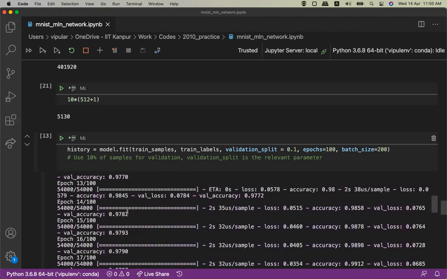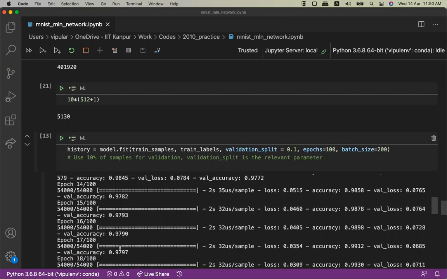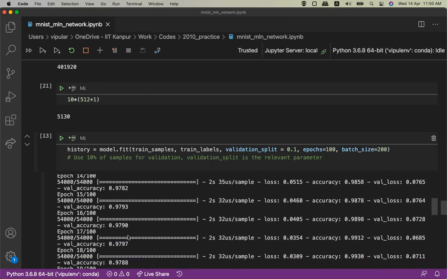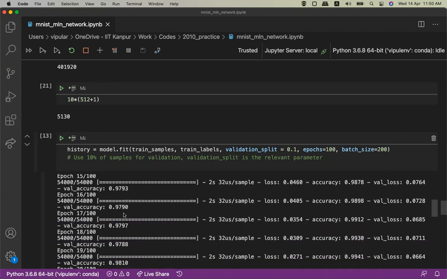But my validation accuracy, you see, is 97.93%, and then suddenly it drops to 97.90%. But then it again rises to 97.97. It means this is not a significant peak, maybe just a plateau, or because the algorithm is stochastic. The Adam algorithm uses randomization within it. That is why there are some changes in the numbers, but more or less it is improving.